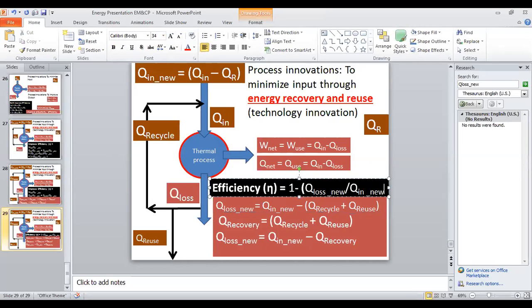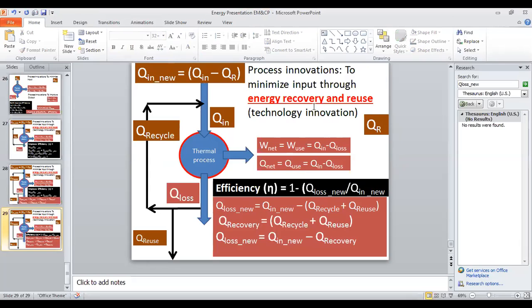Very good. So these are the energy improvements because of recovery and recycling.